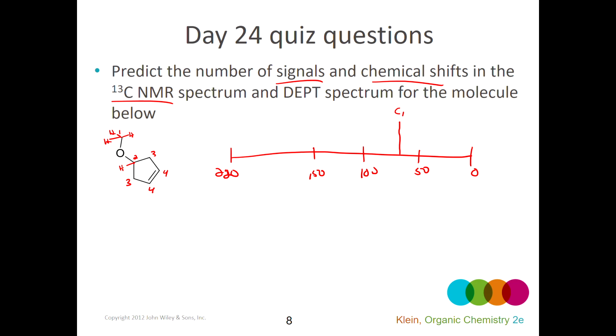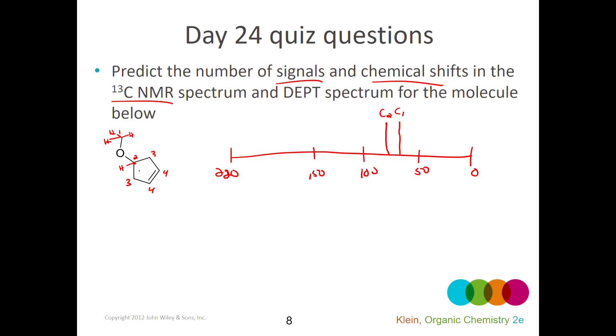This one we expect it to be around 1.7, but then shifted due to proximity to the oxygen. So there's a natural difference between methyls and methynes and methylenes. And so in this case, the carbon that's bonded to the oxygen, but has other carbons instead of hydrogens attached, I would expect to see a little bit further downfield compared to the other carbons. So that might be carbon 2.